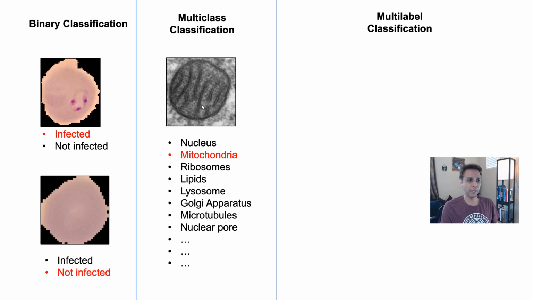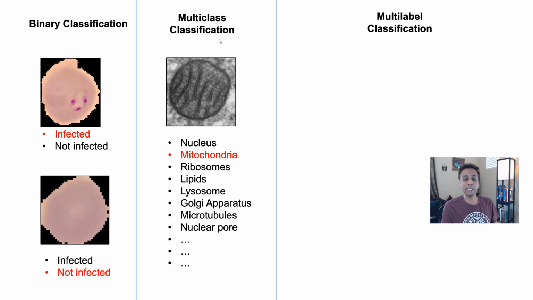This could be a nucleus, a mitochondria, a ribosome, lipids, or something else. But my output is going to say that this is mitochondria, if my training is good enough. That means only one true answer, all others nothing.